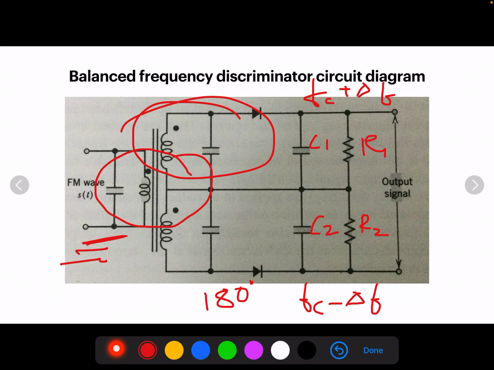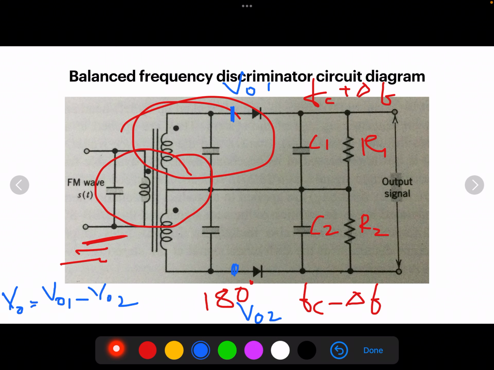Let us take this as the output voltage VO1, and this as output voltage VO2 at this point. The final output voltage is obtained by the subtraction of these 2 output voltages. So the final output VO is equal to VO1 minus VO2.